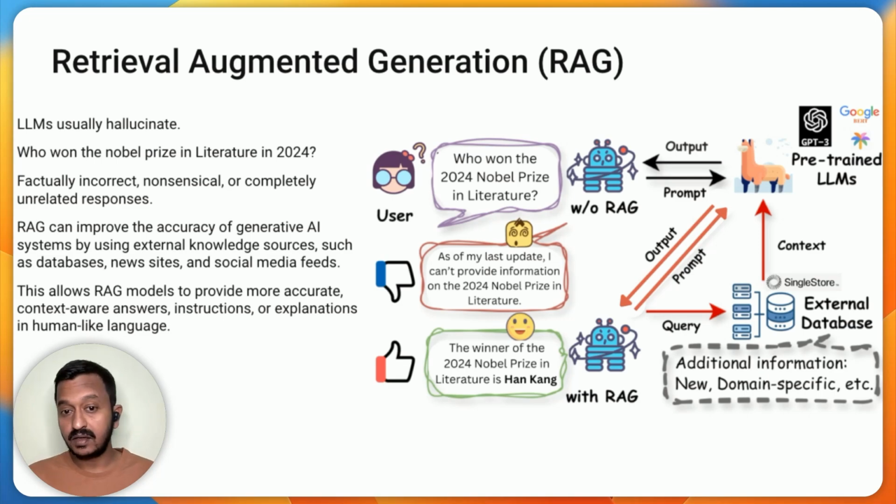It might come up with a made up answer or incorrect answer, but you might think, hey, that might be the right answer, but you don't verify that. So this behavior of large language models is known as hallucinating behavior, right? Factually incorrect, nonsensical, or completely unrelated responses, right?